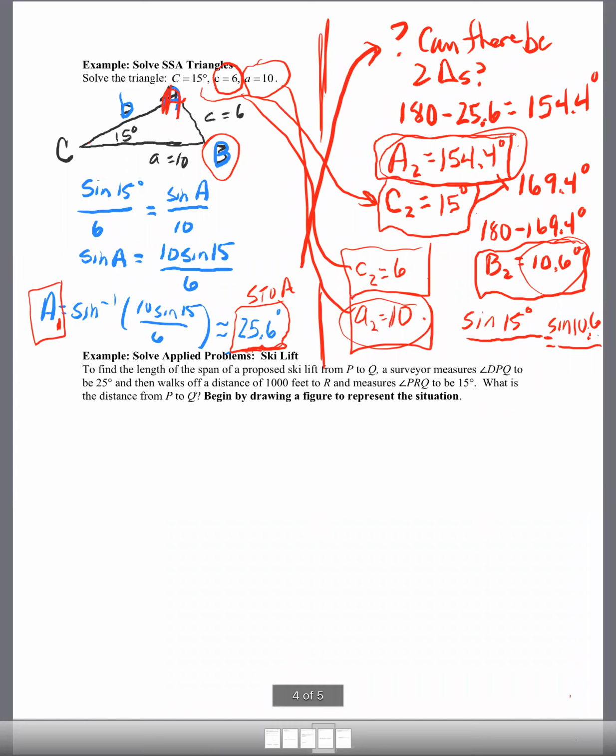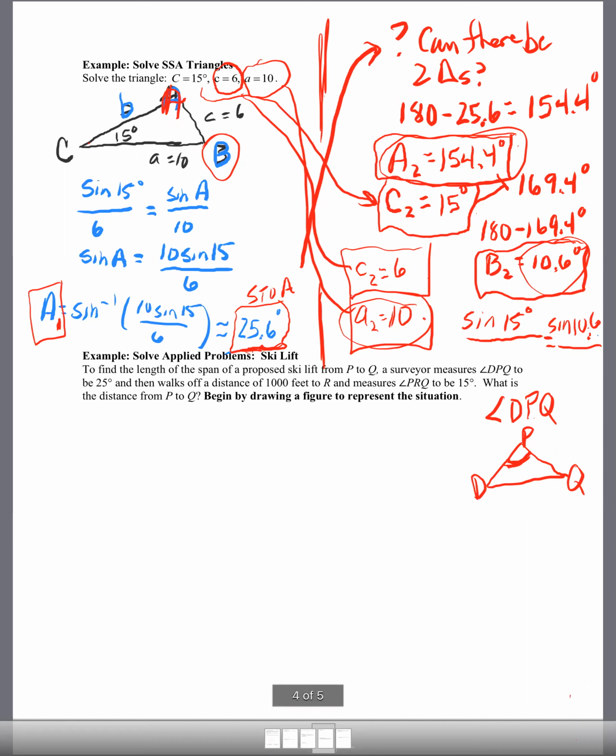So for example, here, if we're looking at angle DPQ, then what that means is that if you were to look at a triangle, let's say this is D, this is P, and this is Q, then this is the angle that they just measured, because that is the vertex that's in the middle of its name, DPQ. So the one that's in the middle is actually the one that they're measuring, okay? So let's go back to the problem here.